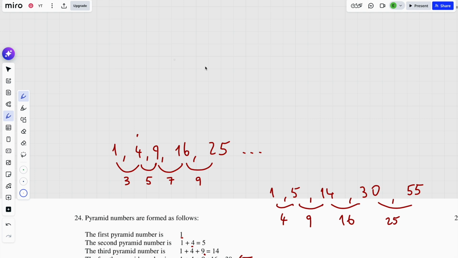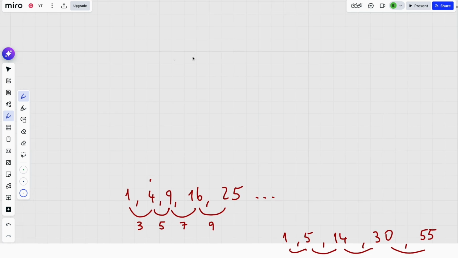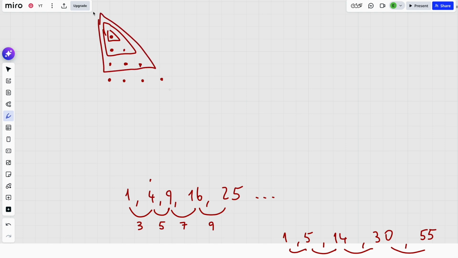Okay, the reason these are called pyramid numbers is, well, they look like pyramids if you kind of draw them. Let me give you several examples of numbers named after the shape they make when you draw them as dots. For example, triangle numbers are called triangle numbers because they make triangles. Okay, so the triangle numbers are 1, 3, 6, 10, right? And we get the next triangle number by adding the next whole number, right?